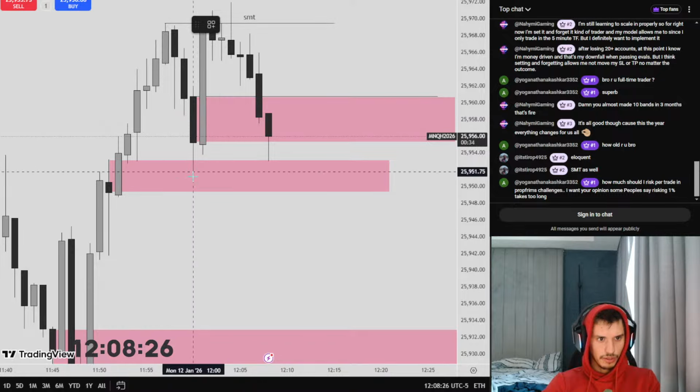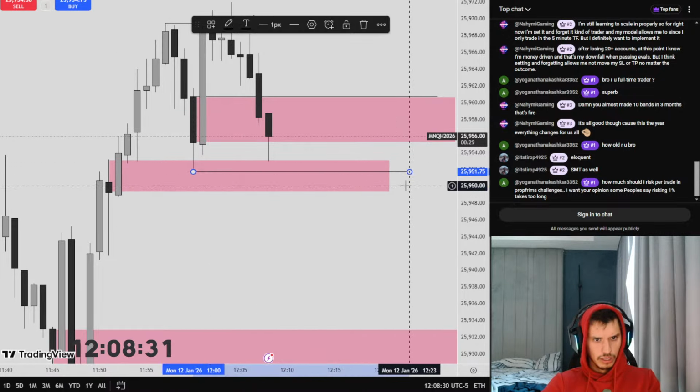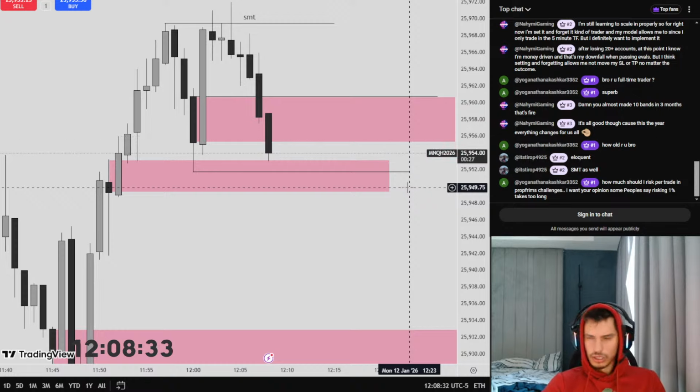Want to see it close below this wick. We're getting a shift on the ES, but we want to see it close below the wicks.